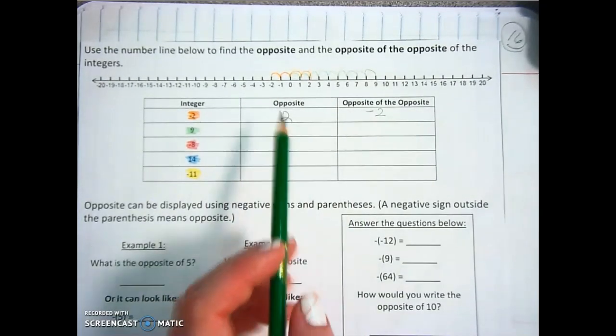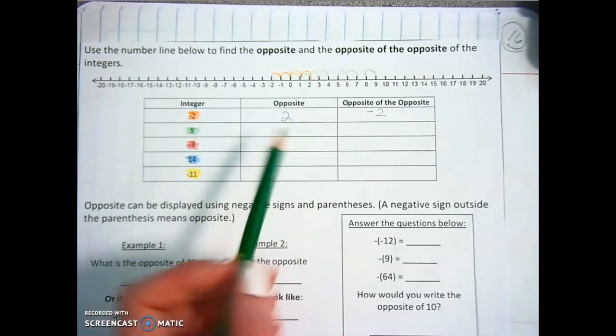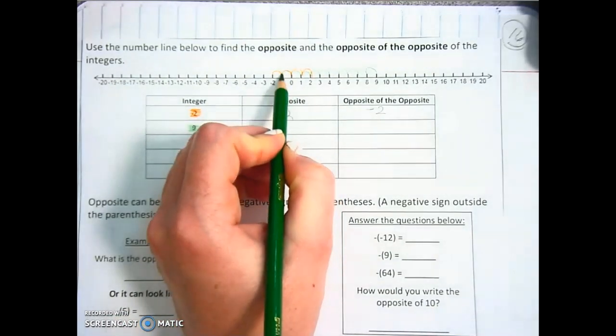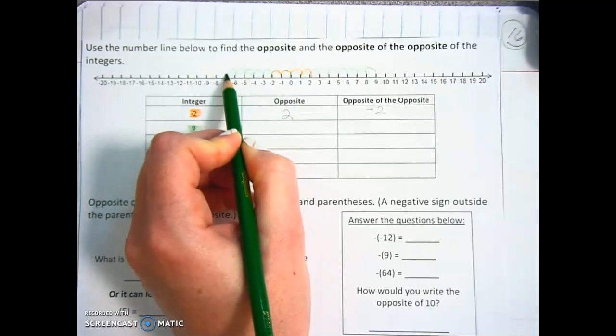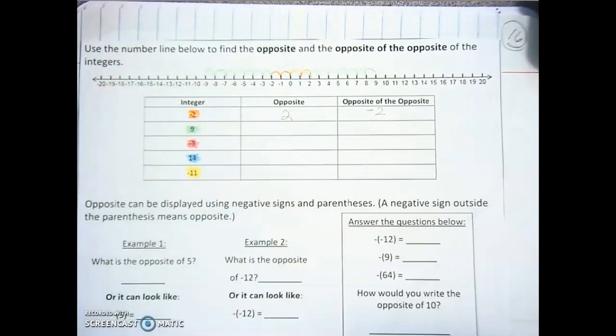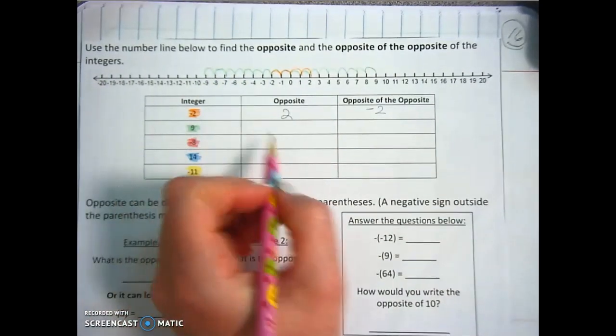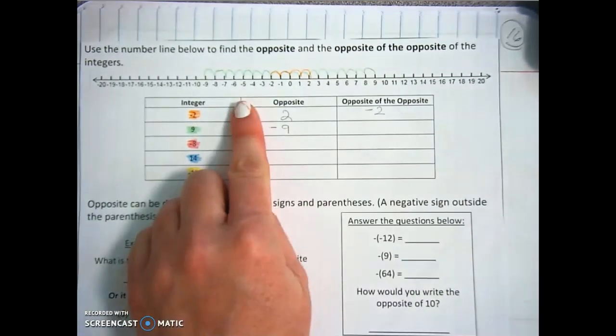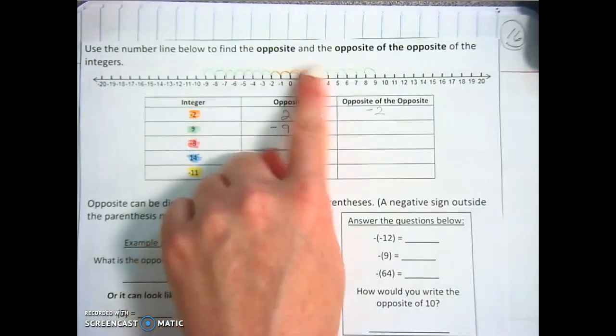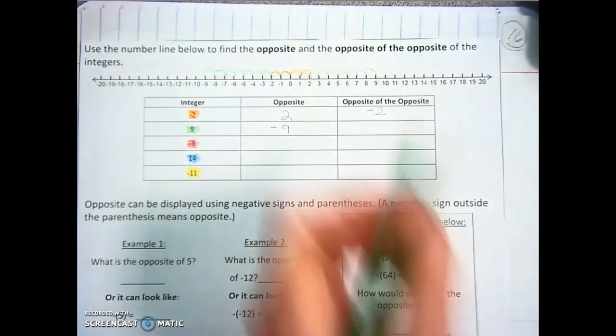So I'm going to go 9 spaces the opposite way to find the opposite number. 1, 2, 3, 4, 5, 6, 7, 8, 9. So the opposite of 9 is -9. The opposite of this opposite goes back to +9.